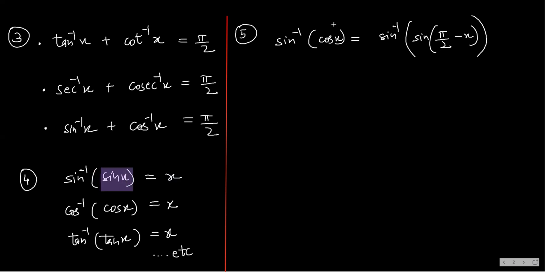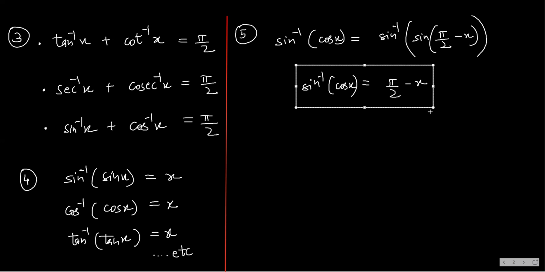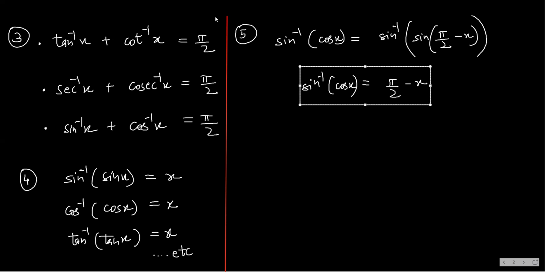So this will become pi by 2 minus x. You understand? So sine inverse of cos x is pi by 2 minus x.